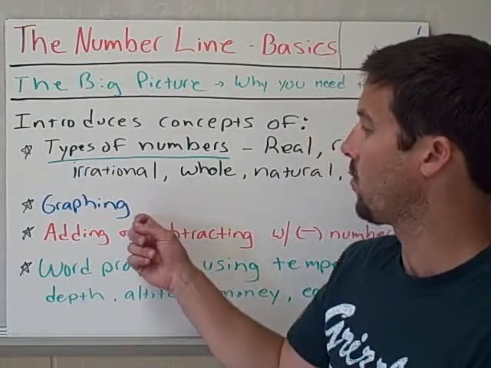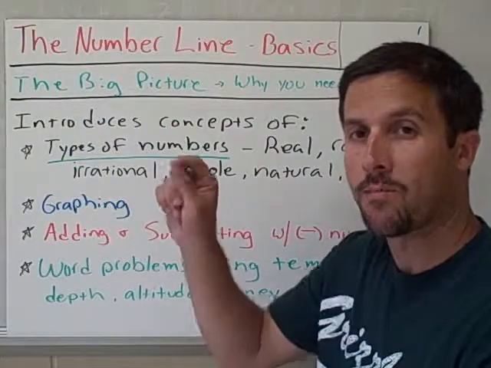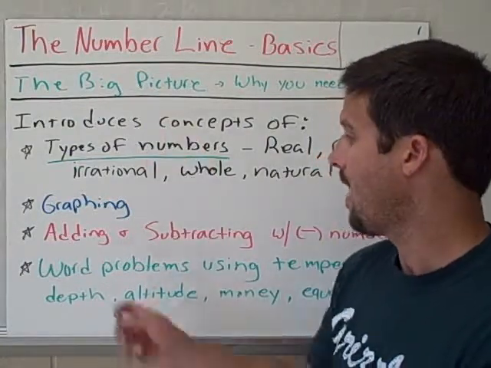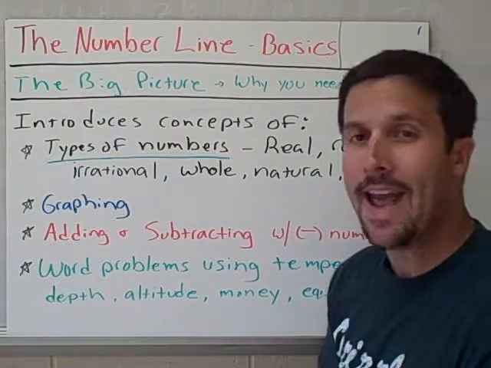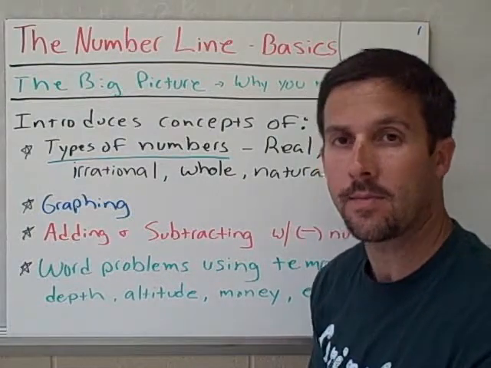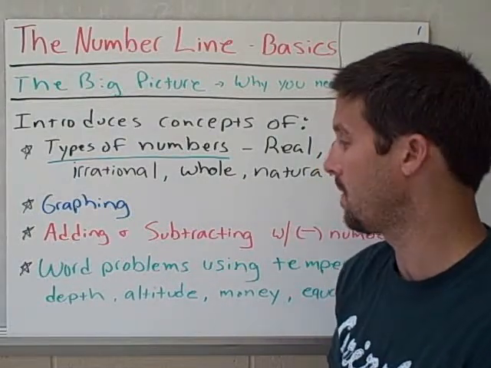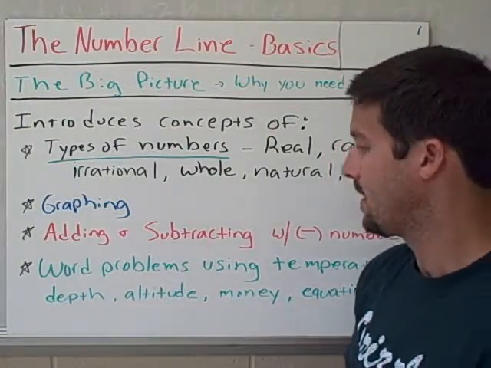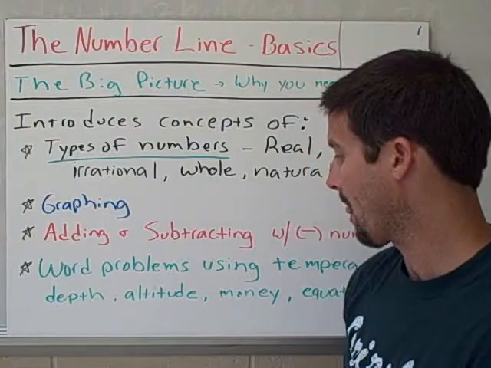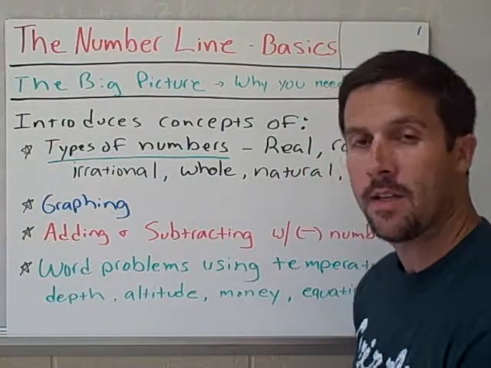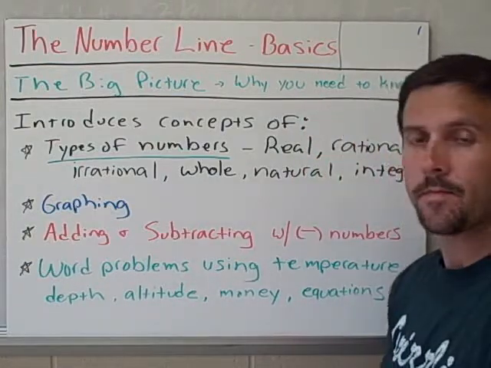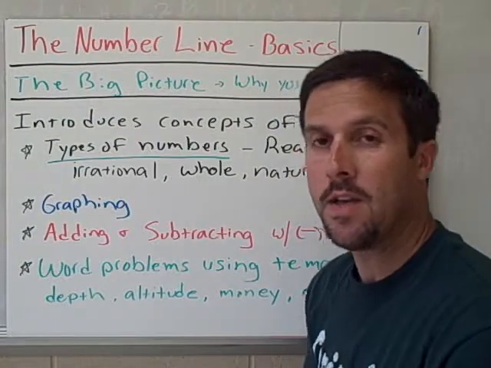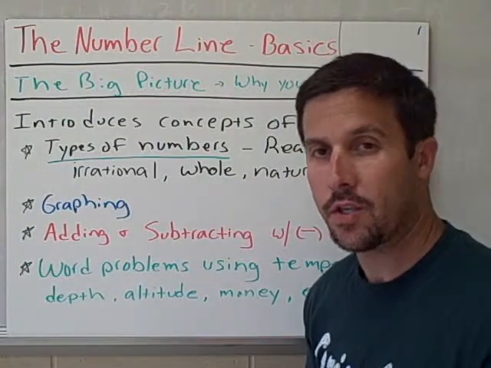It helps us with graphing points and dots. Adding and subtracting with negative numbers. Okay, this may be a new concept for you. It also helps us understand word problems using temperatures and depth, and altitude and money and equations. So the number line is very important. And now I'm going to show it to you.